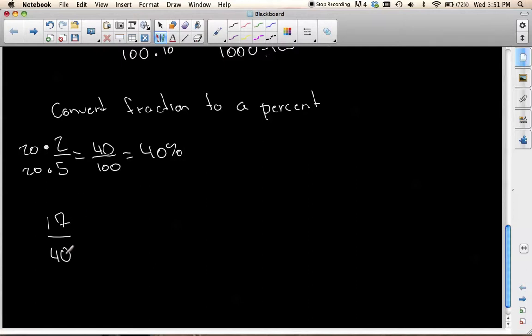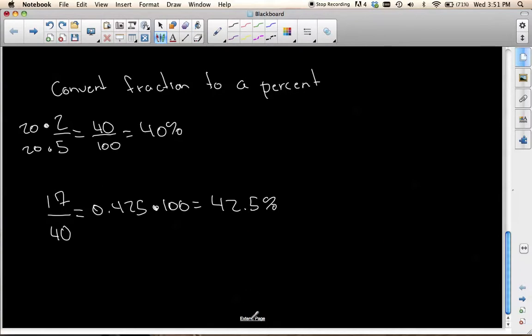So 17 divided by 40 would give me 0.425, as a decimal number. And we express this decimal number as a percent. So if I wanted to express this as a percent, I would take 0.425, multiply it by 100, and it would give me 42.5%. That's when you're dealing with percents and fractions.